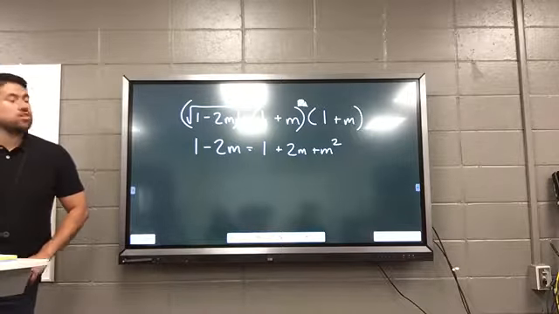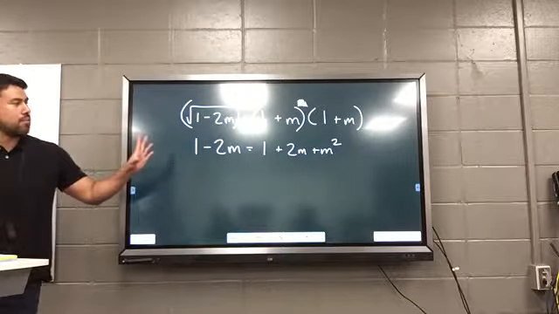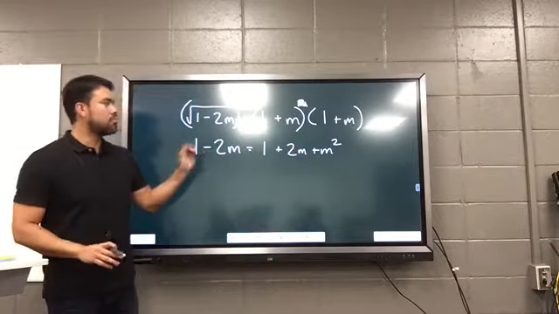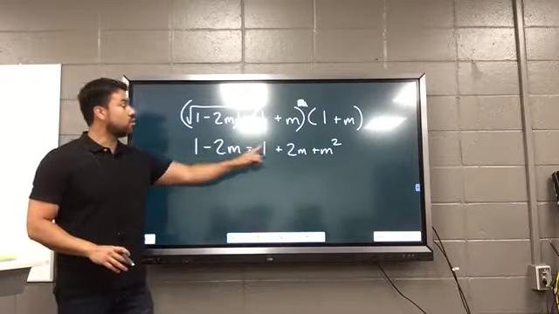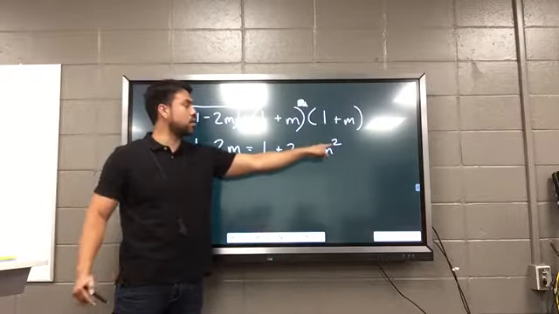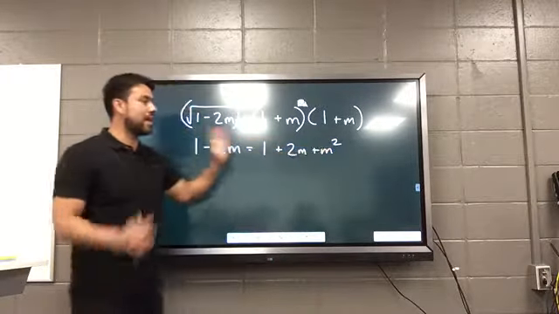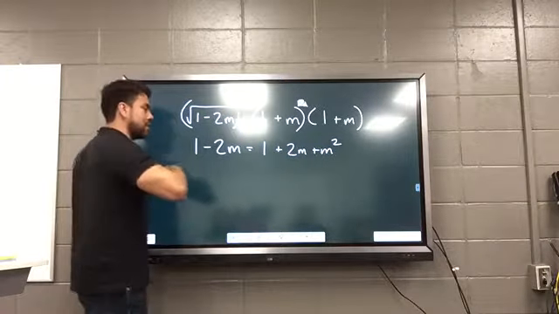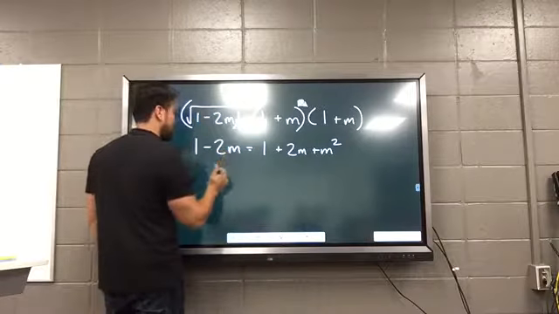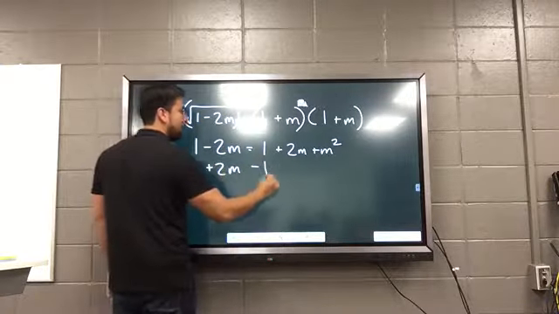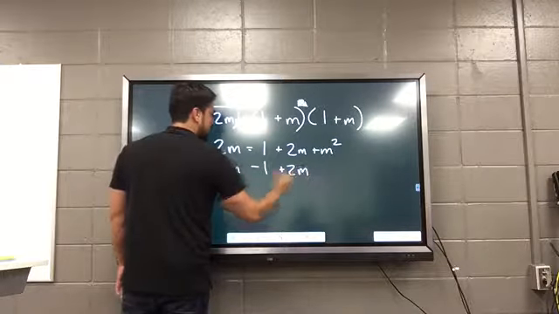Okay, once you get it all worked out, you can add terms on both sides, if they're like. We're good with that. And then when you have a square term, this is a general rule for equations. If you have a square term, your best bet is to get everything on one side or the other and get what on the opposite side? 0. So I'm going to subtract 1 from both sides and add 2m to both sides.